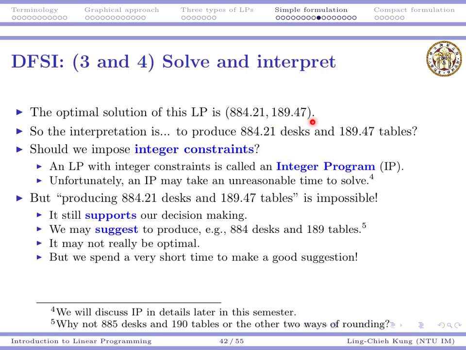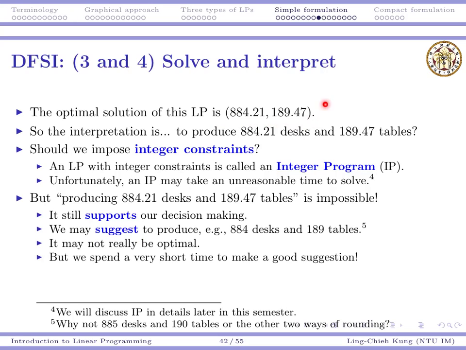Given the output of a mathematical program, or given the output of any operations research study, we make suggestions, right? And the manager, given the suggestion, makes decisions. In all this process, we do some adjustments, right?